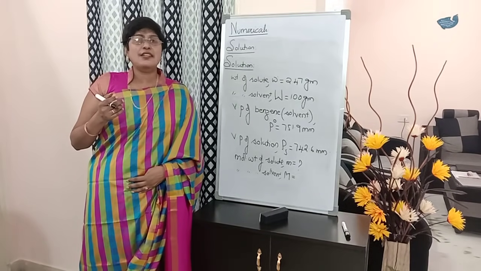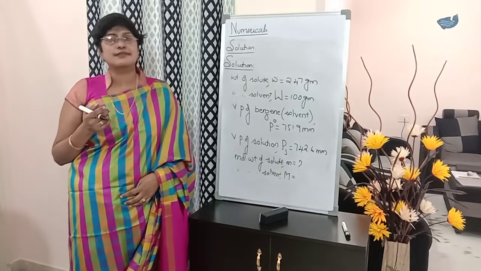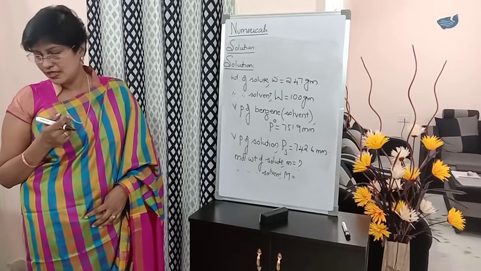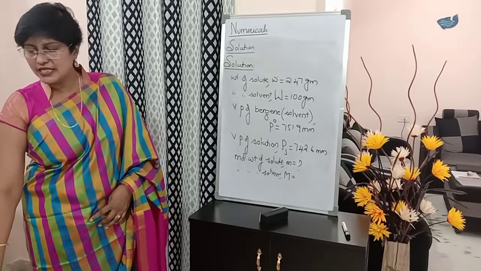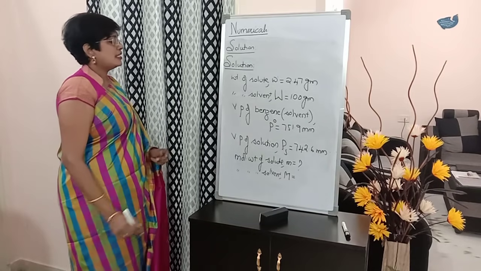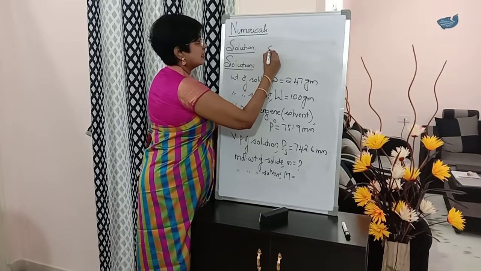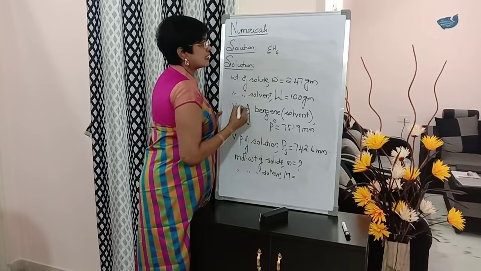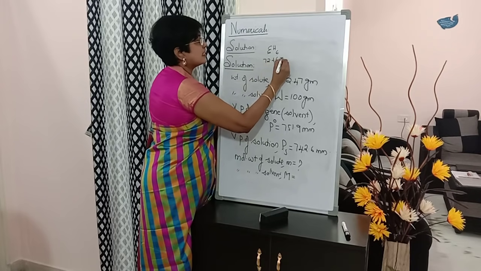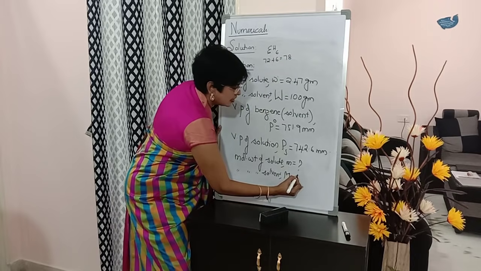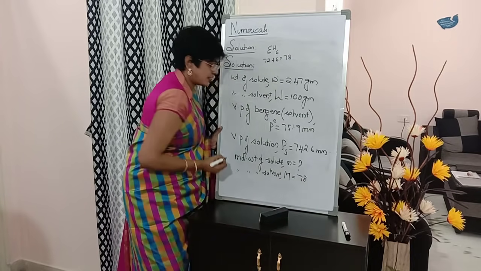C6H6. Can you write in the comment section, students? Molecular weight of benzene. See, I am writing the formula here. C6H6. So 6 into 12, 72 plus 6 is equal to 78. Write down here, 78.